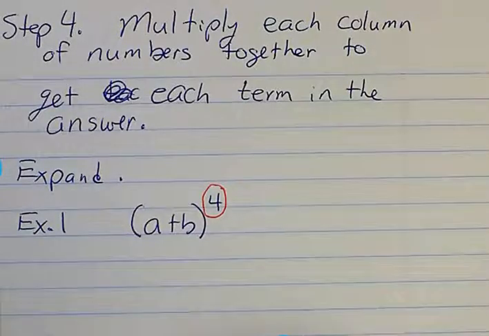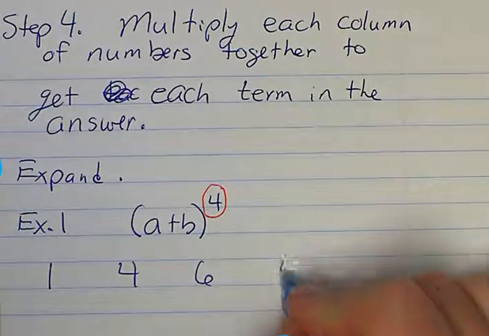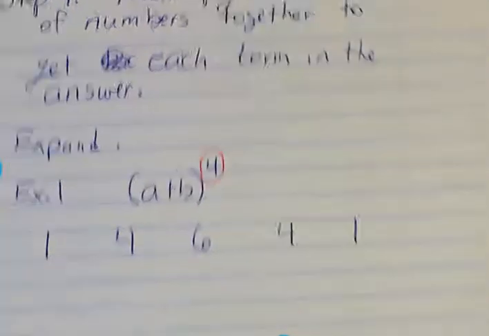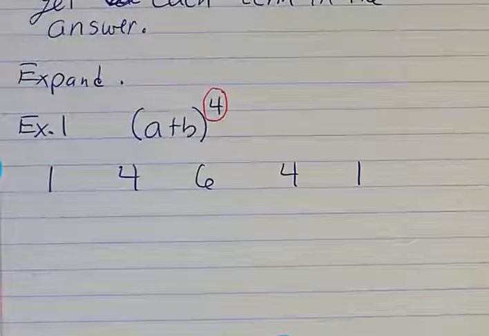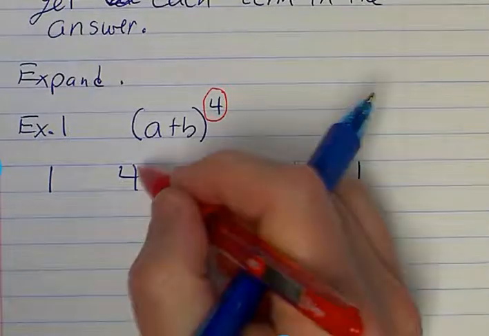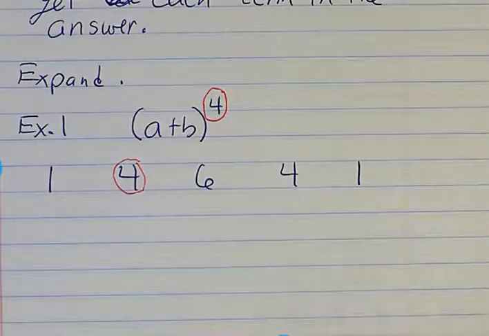Now when you write these down, leave plenty of room in between them, because if they're too close together it's going to make it hard to work out the parts. That power should always be the second number, because the first number will always be 1.